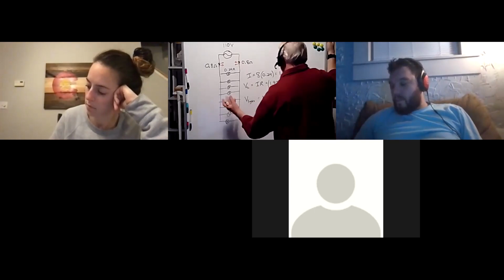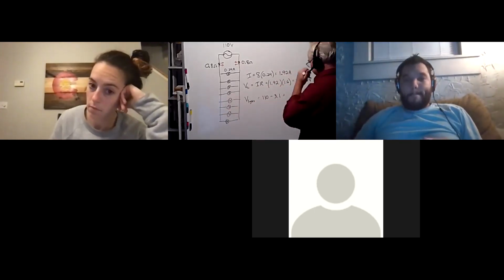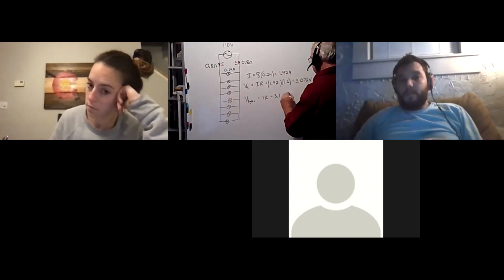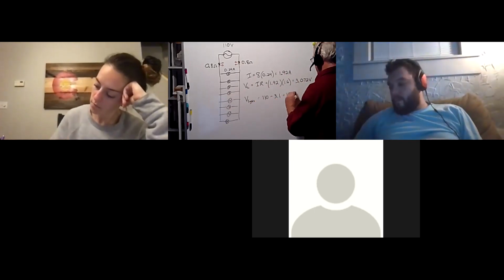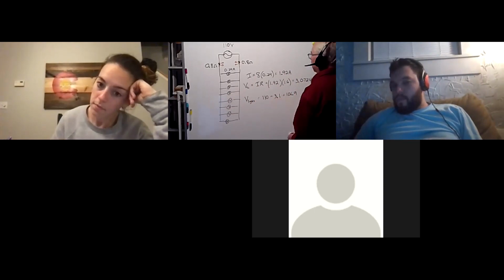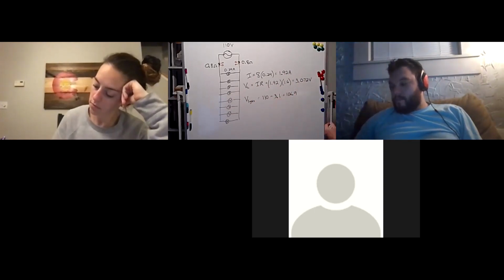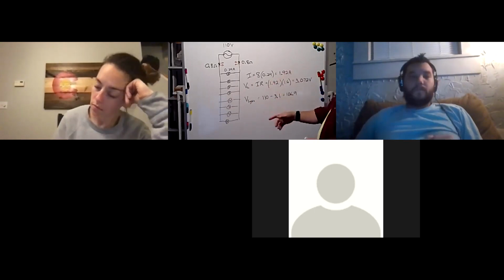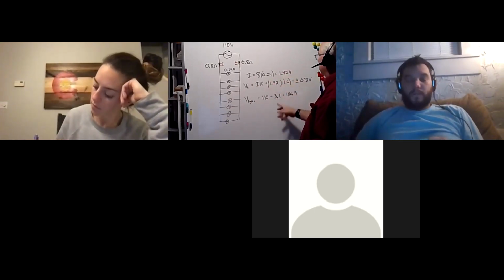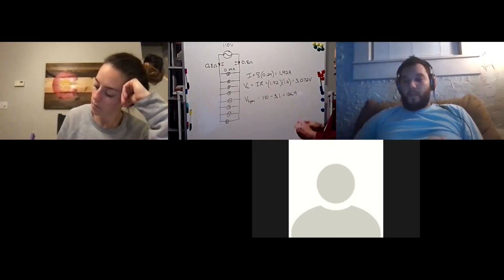So if I put a voltmeter here, that's what the lights would say. So 106.9. Right, and the more lights that I add, the more current I'm going to draw, and the more energy I'm going to lose in the leads.